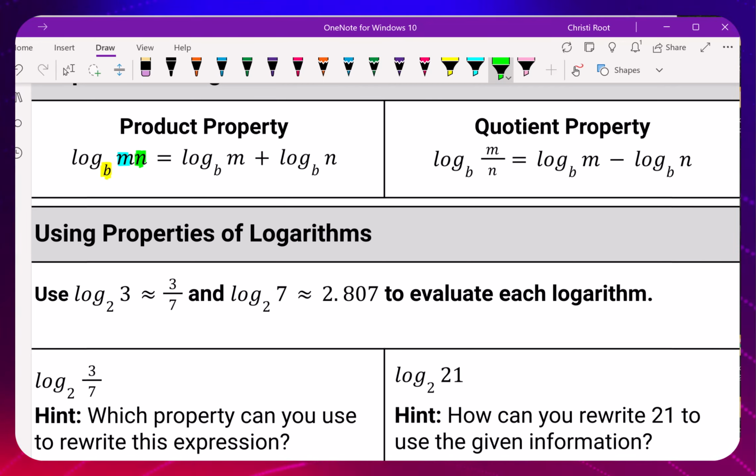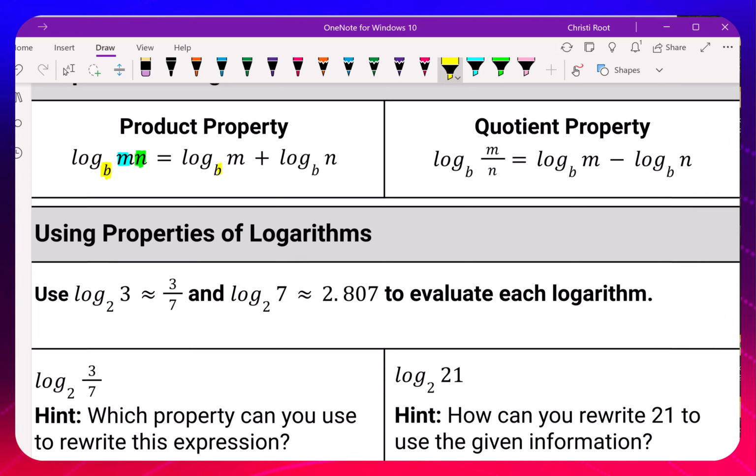If you notice how they're being multiplied, since logarithms are exponents, you basically go backwards through your exponential properties. If you have the same base, typically what you do with your exponents is you add them together. So since they're being multiplied, you can go ahead and separate them.